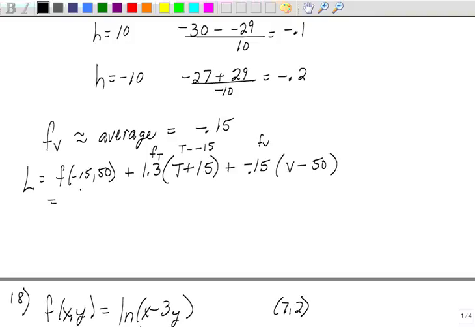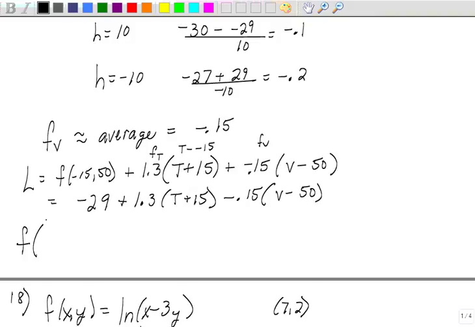So that's going to be -29 plus 1.3(t + 15) minus 0.15(v - 50). If I want f(-17, 55), I'm going to say that's approximately equal to the tangent plane at that point.